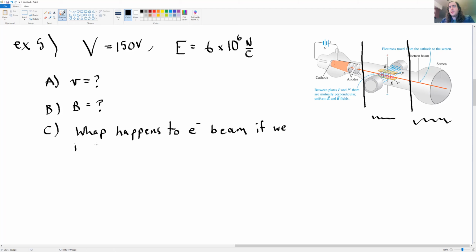Whoops, I put the wrong word there. It should be: if we increase the accelerating potential, so if we increase V, big V.